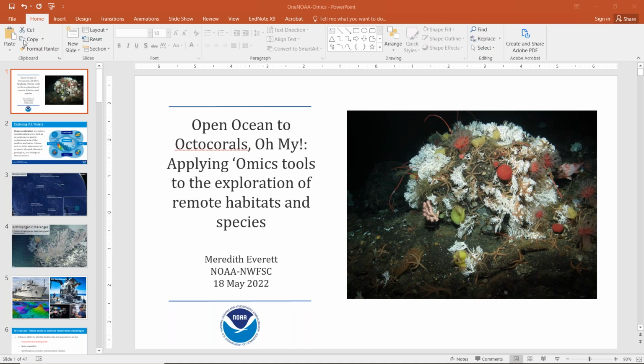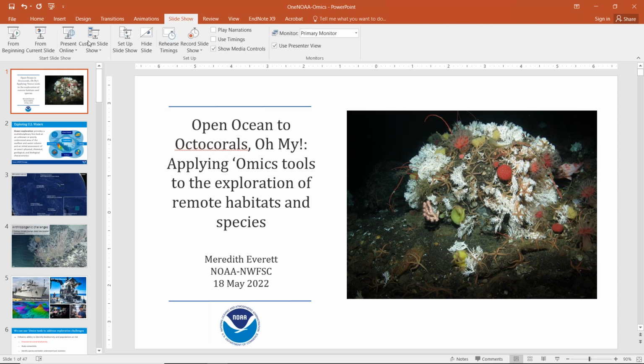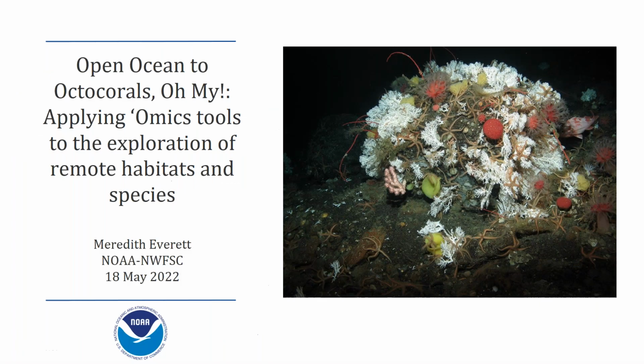Okay, so while Meredith gets set up, I'll introduce her. Meredith holds a PhD in marine biology from the Rosenthal School of Marine and Atmospheric Science, or RSMAS, at the University of Miami. Applying genetic and genomic tools, she has worked on marine organisms ranging from teeny eukaryotes and phytoplankton to salmon to corals.